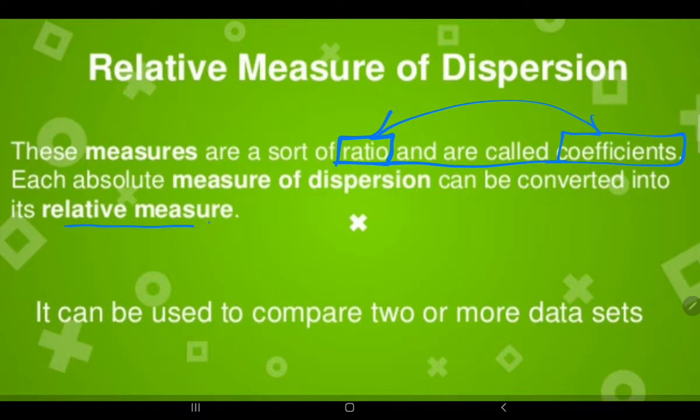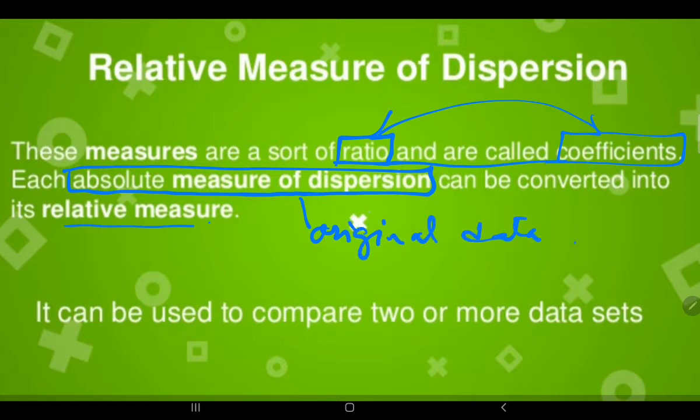First you measure the absolute measure of dispersion from the original data, then this can be converted into a relative measure, because the relative measure is the ratio or coefficient of the absolute measure, and it can also be used for comparing two or more data sets.